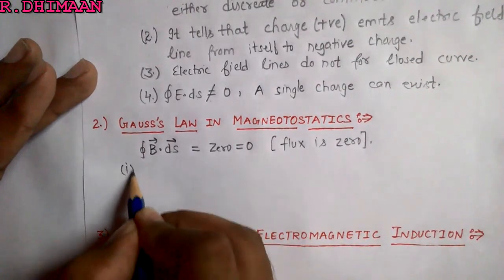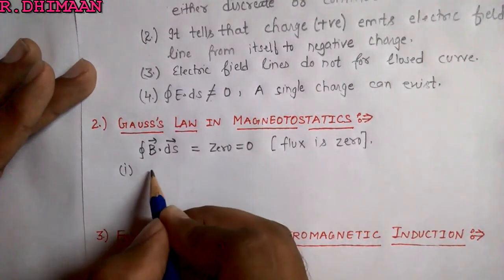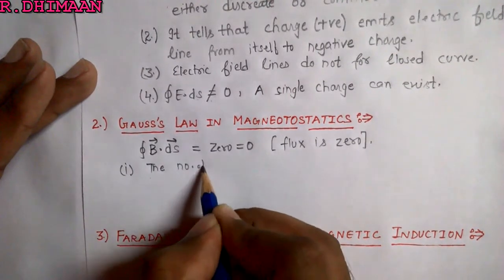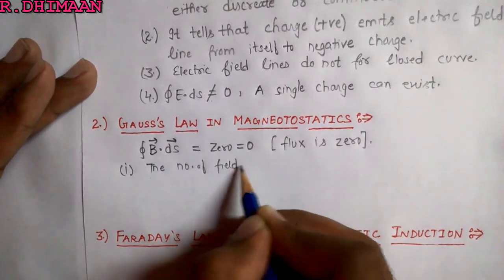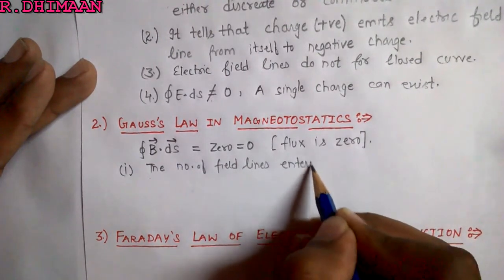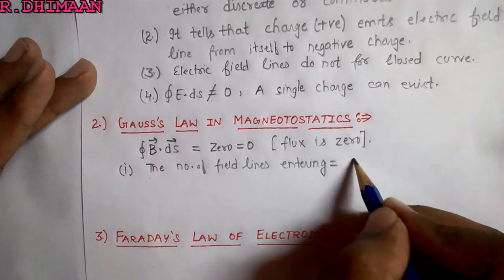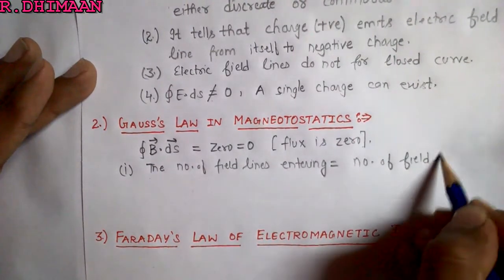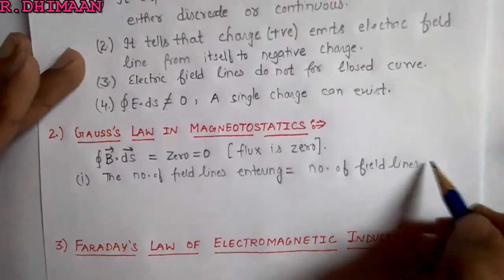This can be said as the number of field lines entering is equal to the number of field lines leaving.